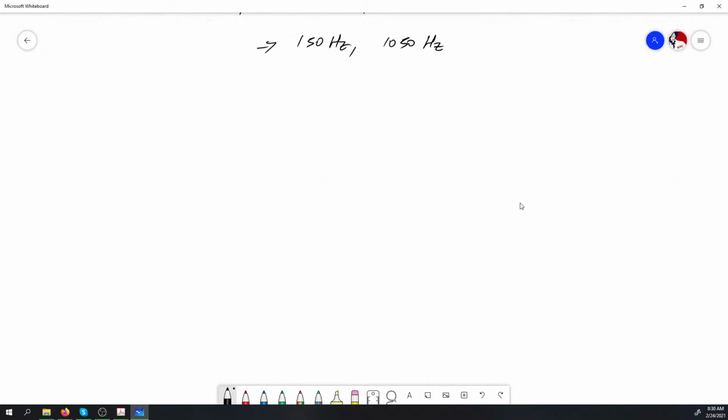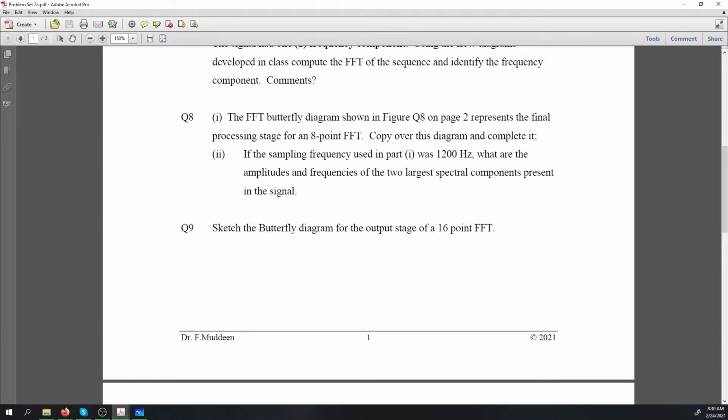So I'm leaving the solution here in case we do need to backtrack at some point. So let's see what the next question was.